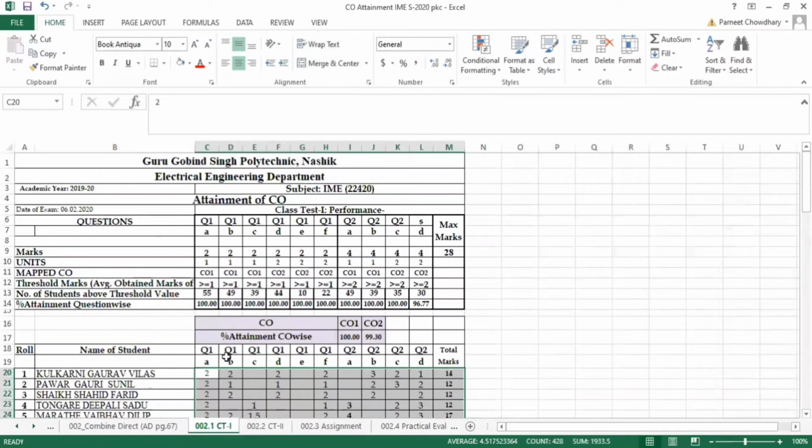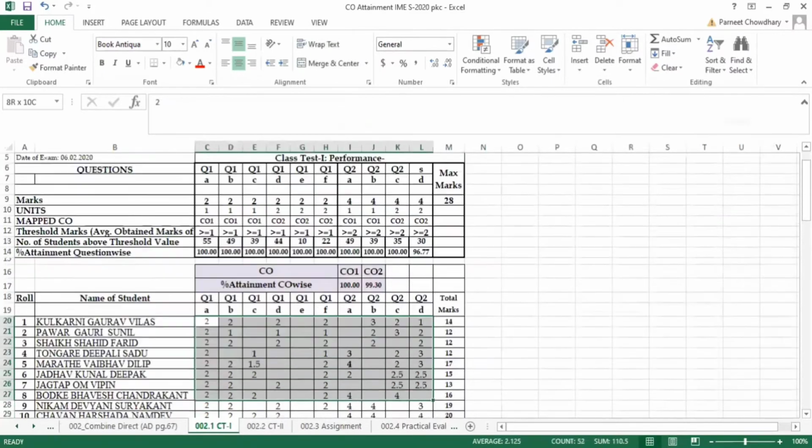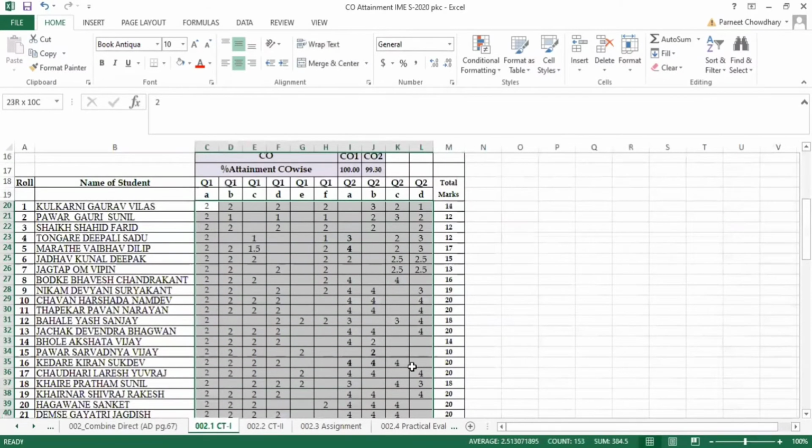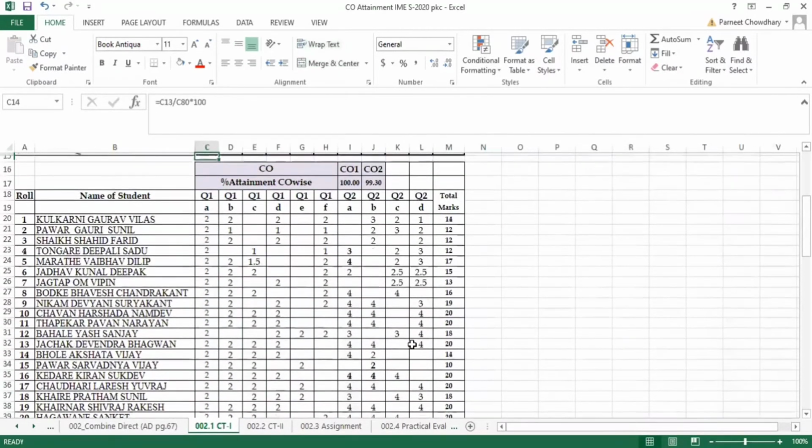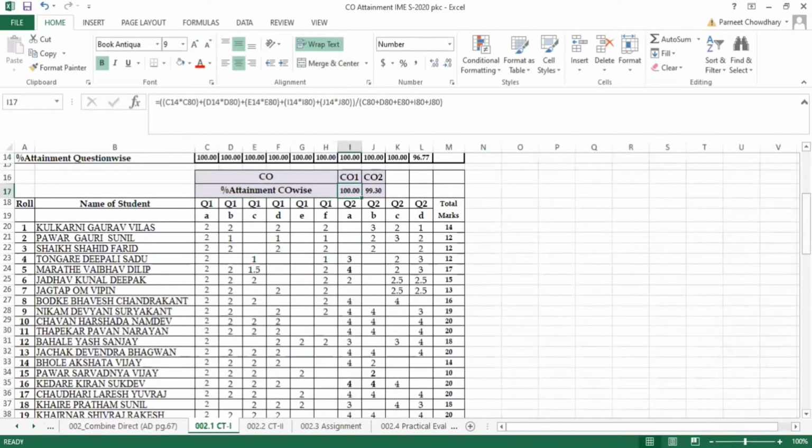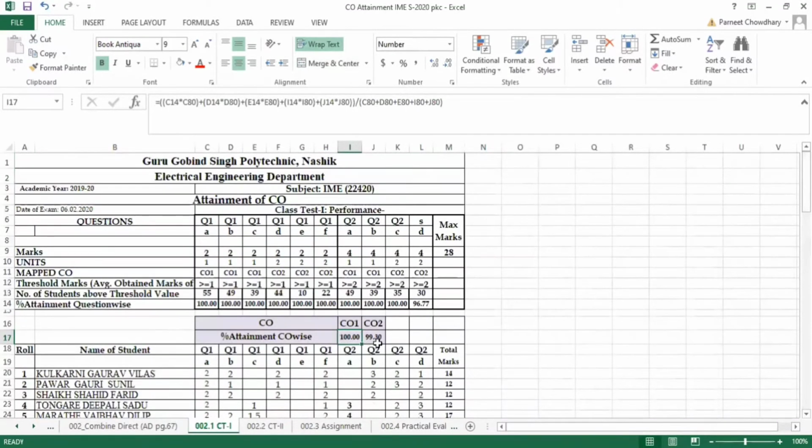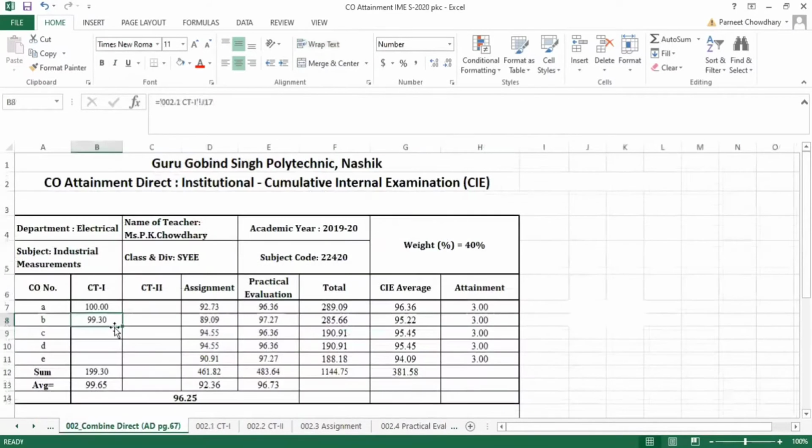That means question wise I have decided these questions are from which particular CO and what marks the students got for that particular CO, and here the formula for the CO has been applied. Based on this formula, we are getting these two values for CO1 and CO2, which are automatically dragged over here.